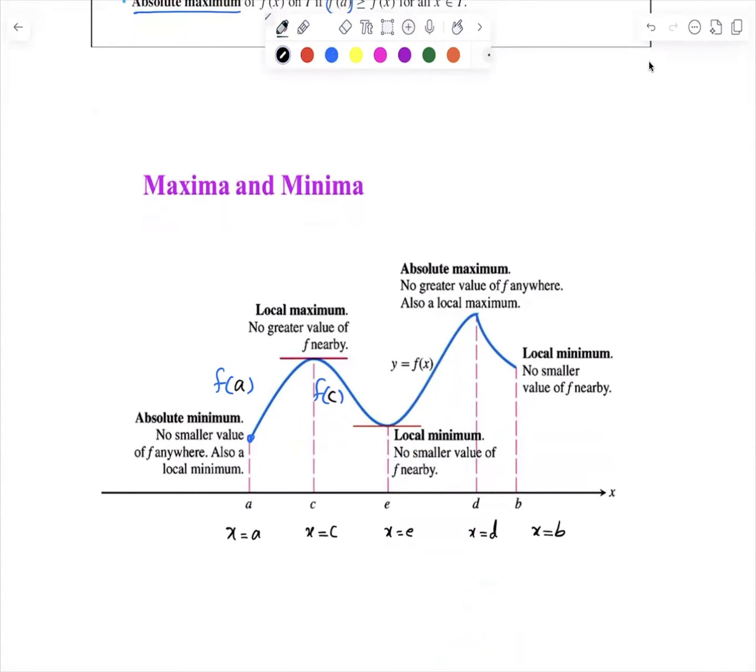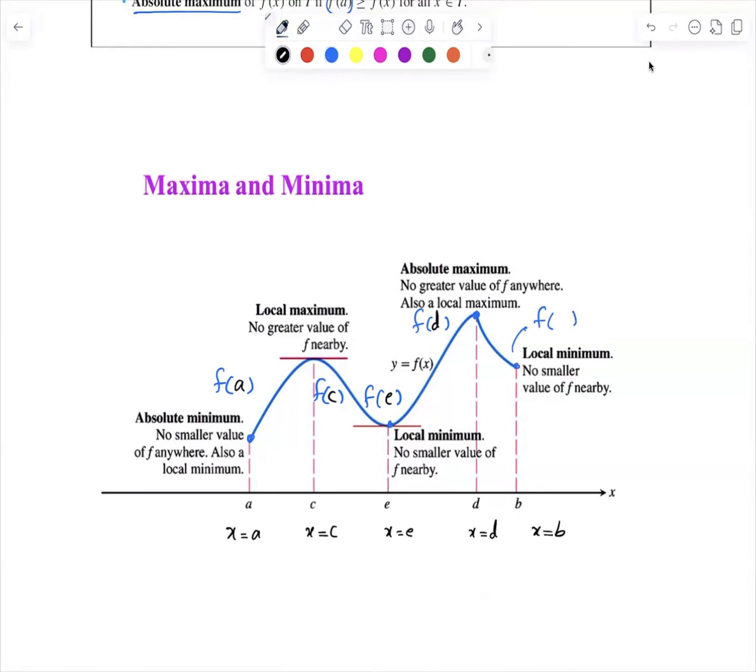When x is equal to e, you have f of e. These are all output values of the function. When x is equal to d, you have f of d. When x is equal to b, you have the output value f of b.